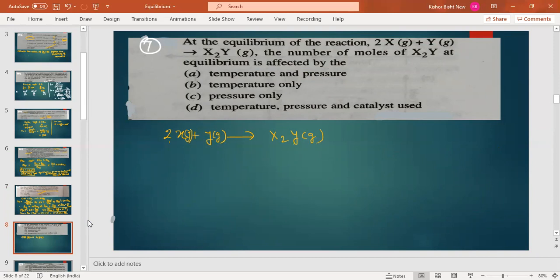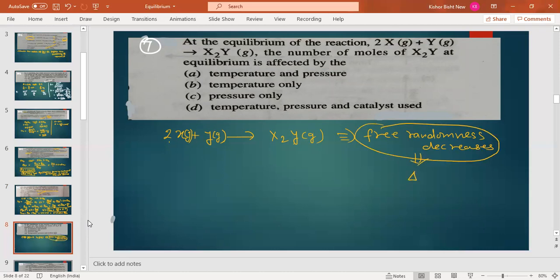So it means randomness decreases. If the randomness decreases, this means delta S is negative. Second point, if 3 moles change into 1 mole, it means pressure is also effective.